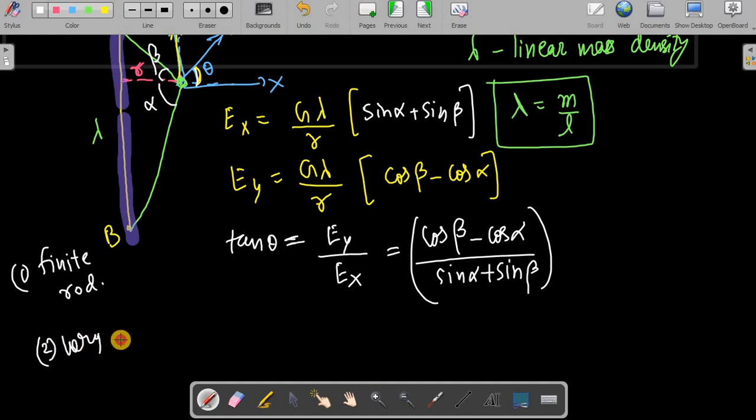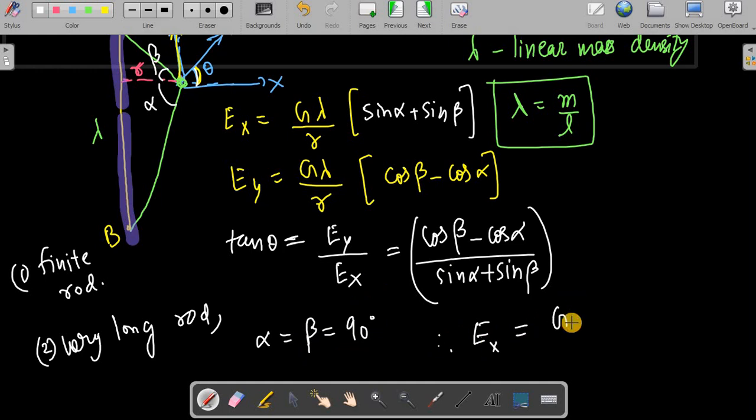In a very long rod, you can see that Ex will remain, Ey will become 0, and alpha and beta are going to be equal to 90 degrees. So the net field will be only along the x direction, G lambda by r into sin 90 plus sin 90, which becomes 2G lambda by r.